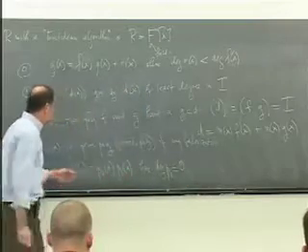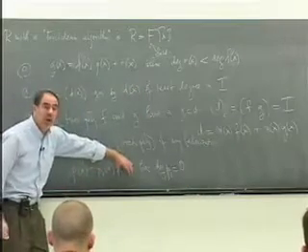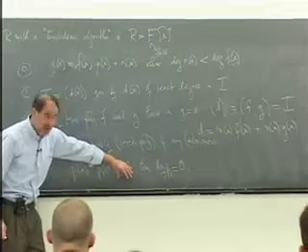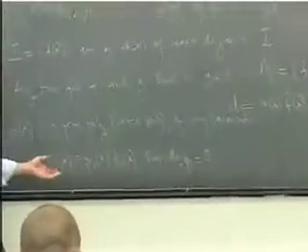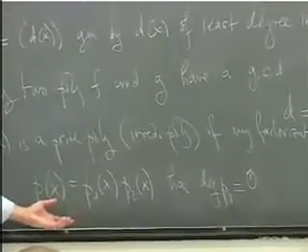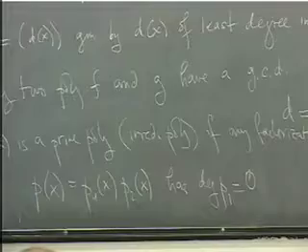Namely, the only way you can factor it is to pull out a constant times a polynomial of the same degree. You can always do that, right? So the only factors of p of x are either polynomials of degree 0 or polynomials of degree equal to that of p of x. No smaller factors.